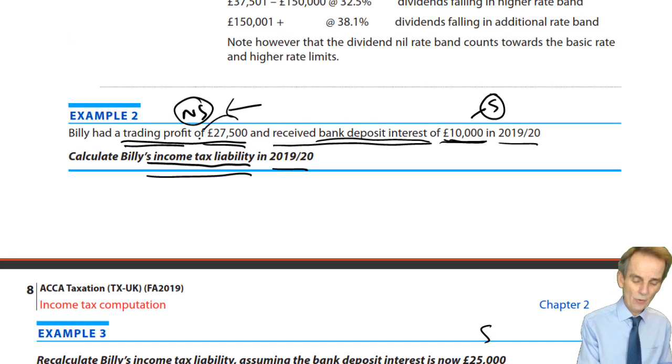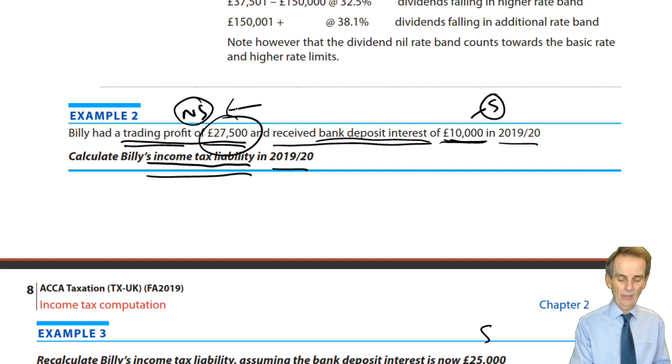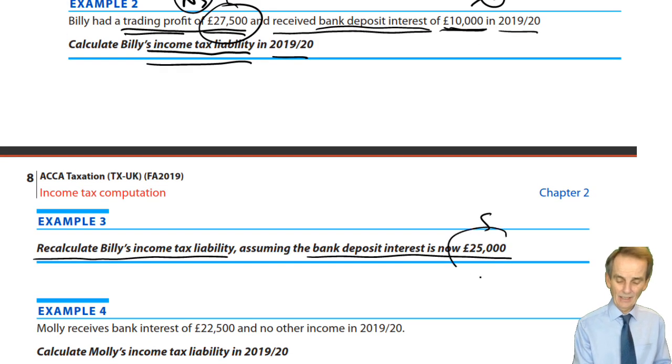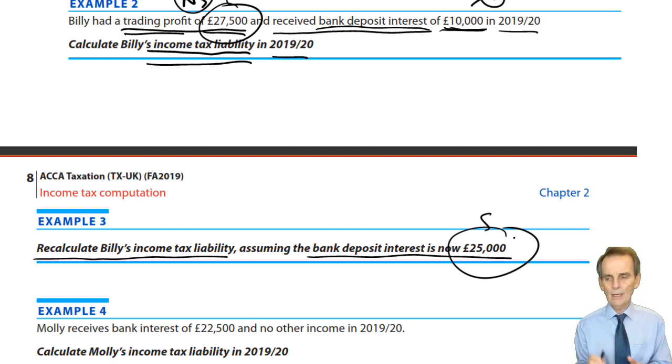So remember what that meant. He's got a trading profit of 27.5. We've now got our savings income of 25. Add those two numbers together, 25 and 27.5. That'll take us up to, what's that, 52,500. Take away your personal allowance of 12,500.